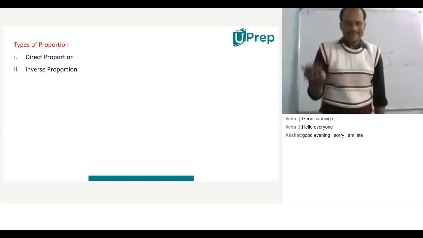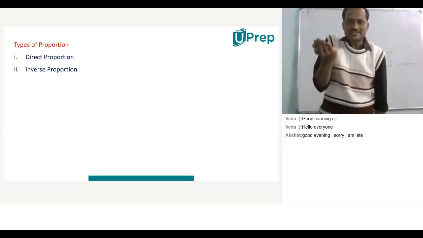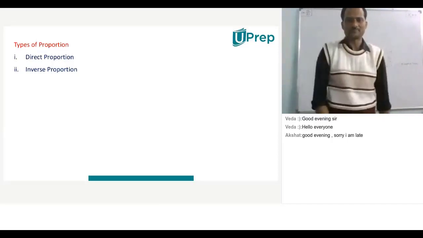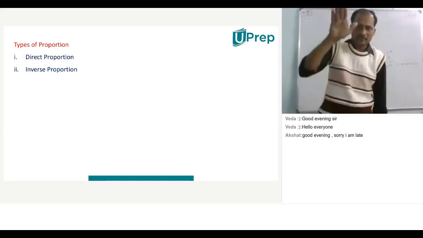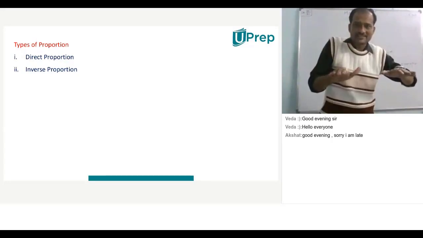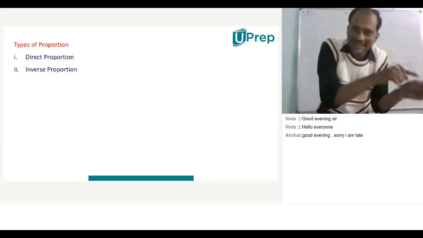Okay? Yes, sir. If a quantity increases and the other quantity also increases, then these two quantities are said to be in direct proportion. In the same way, if one quantity decreases, the other quantity will also decrease. Then these two quantities are also in direct proportion.